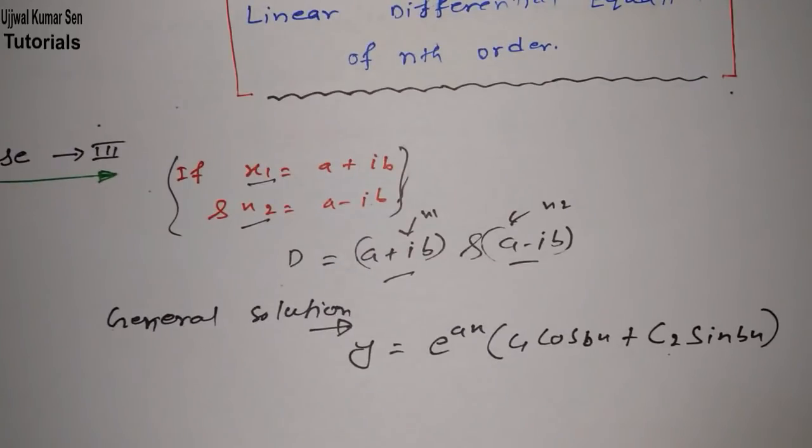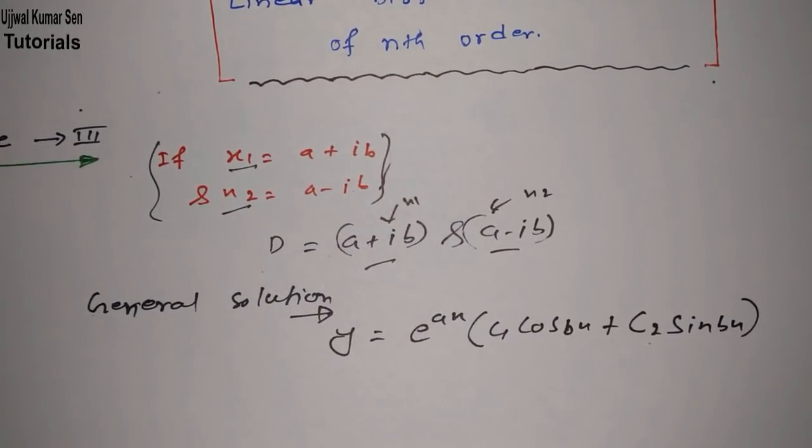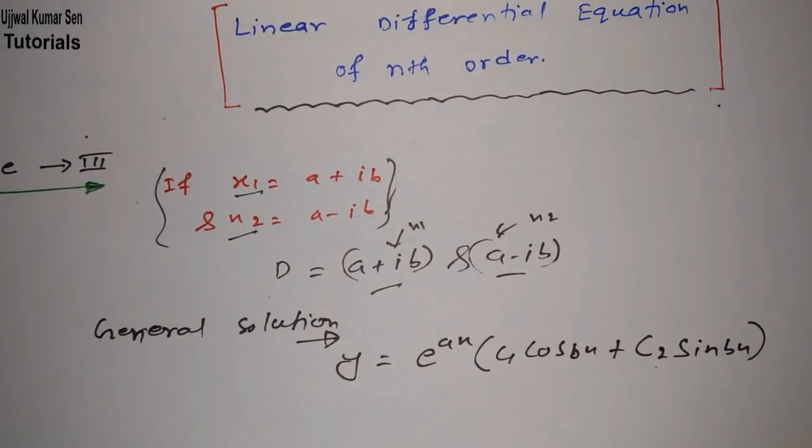You can go for c3 and c4 and so on, but I'm not going beyond this because I have seen questions asked only up to c1 and c2. Based on this concept, we can solve the problem which has been asked in GATE previous year. That's why I'm sharing it in this video tutorial.